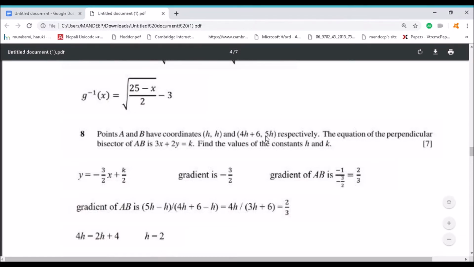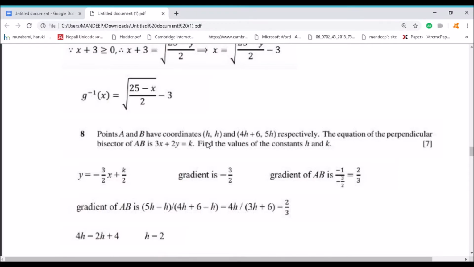So the gradient of AB is going to be (5h minus 8) divided by (4h plus 6 minus h). So this will be the gradient, and the gradient of AB is minus 1 over the gradient of the perpendicular bisector of AB, because m1 times m2 in a perpendicular case is equal to minus 1.